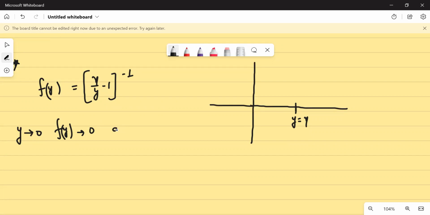Okay, is that clear? Now, as y tends to infinity, my gamma upon y would become 0. 0 minus 1 is -1. And -1 raised to power -1 is again -1. So I will write it as -1. Is that clear to you?